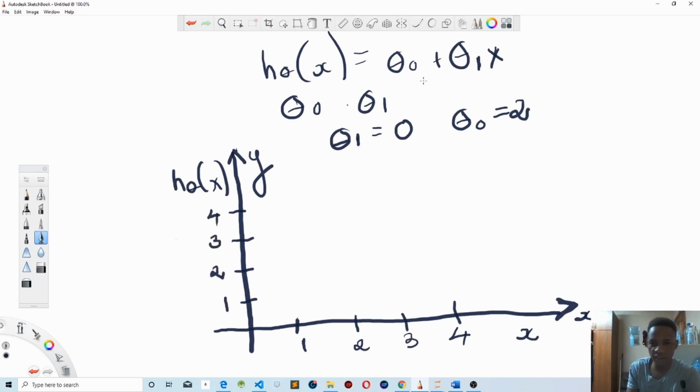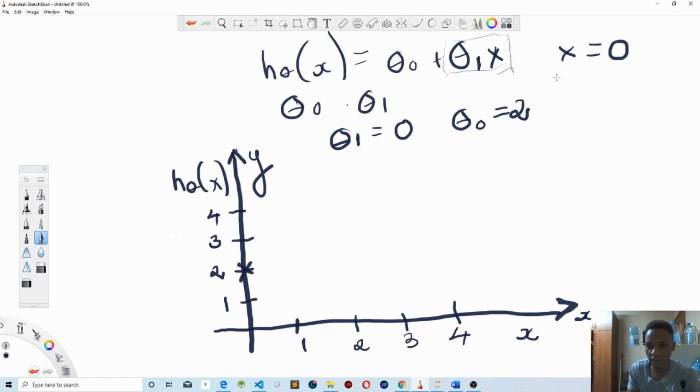Let's start with when x is equal to 0. We know that theta 1 is 0, so this whole term is 0. So when x is equal to 0, h theta of x will be equal to 2.